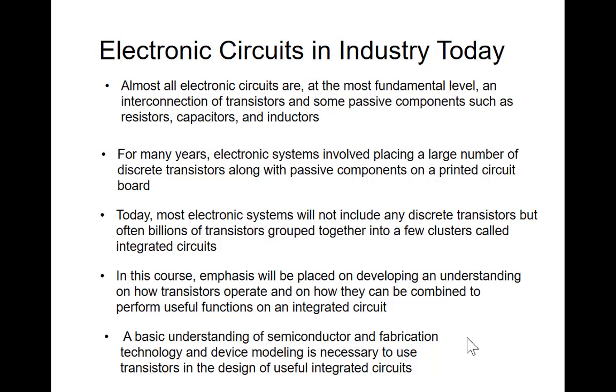But today, since we no longer use discrete transistors hardly at all, it's necessary to have some understanding of the fabrication technology, because that gives us a lot of insight into the properties of the transistors, their potential, and their limitations. So we'll spend a fair amount of time talking about fabrication technology as well.